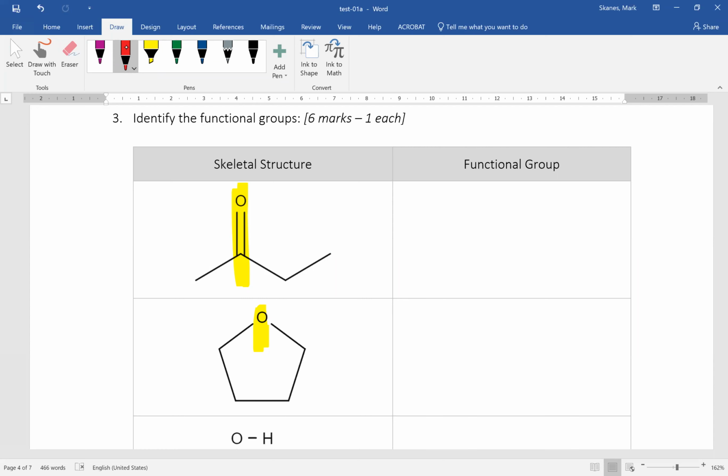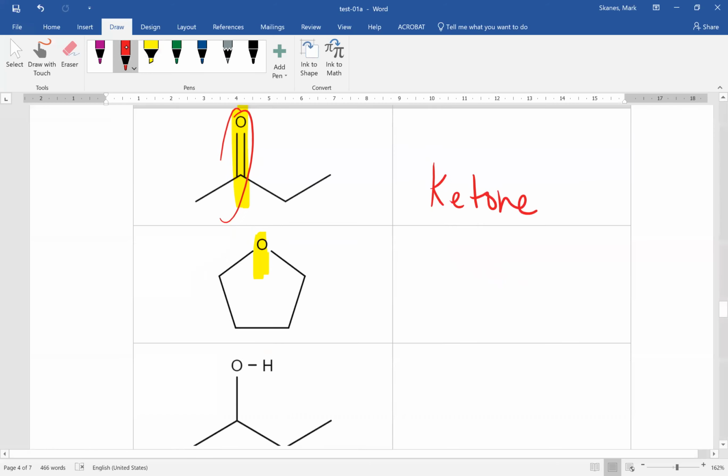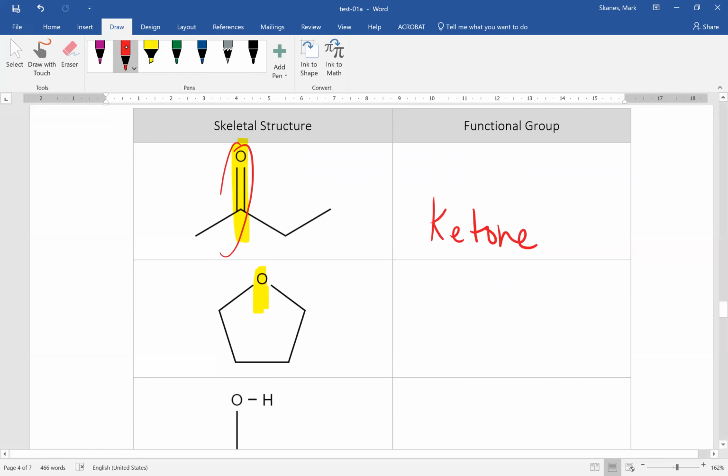So this is actually a tricky one. It starts off a little tricky. This is a double bond O, but it's inside a carbon chain. So this is a ketone. For some reason, when I write in tables, sometimes it messes up my text, but that's okay. So this is a ketone. It's different than an aldehyde.